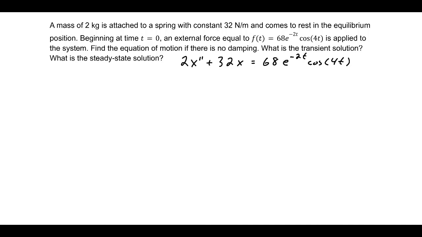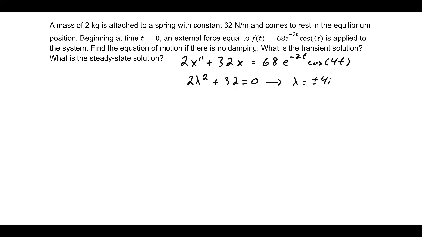Considering the complementary equation and finding the characteristic equation for that, we see we're going to have 2 lambda squared plus 32 equals 0, which means that lambda is equal to plus or minus 4i.